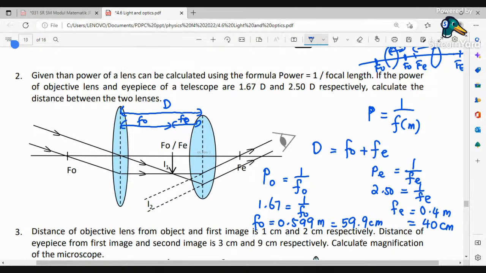Separation distance between two lenses, D ialah 59.9 plus 40.